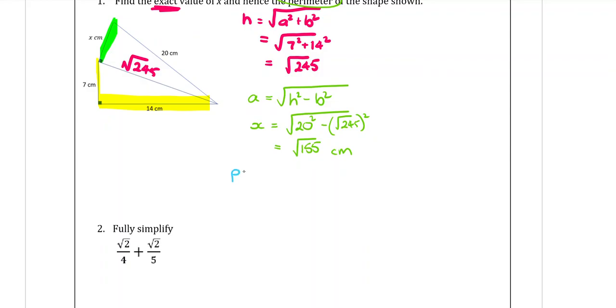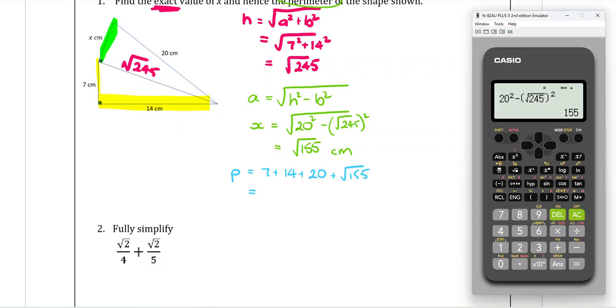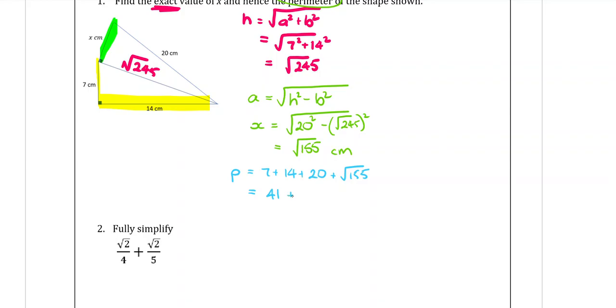So perimeter is going to be adding up all the outside side lengths, 7 plus 14 plus 20 plus the square root of 155. Now the numbers at the front we can add together. 7 plus 14 plus 20 makes 41 plus the square root of 155 centimeters.